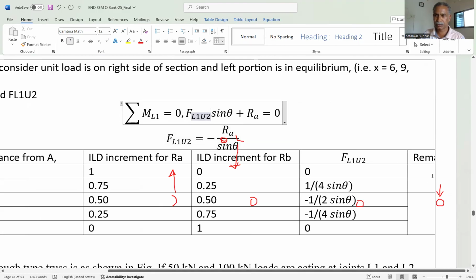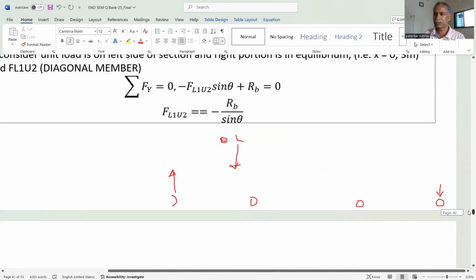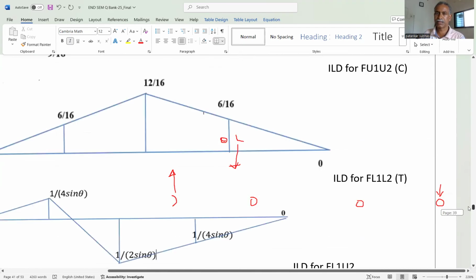This equation we have put here in the remark, and for x is equal to 0, definitely it is 0, and for x is equal to 3 meter, it is 1 by 4 sine theta positive. And for second, it is minus, that's why minus 1 by 2 sine theta, minus 1 by 4 sine theta, and 0. That means for diagonal section, it is divided by sine theta and partly positive, partly negative.